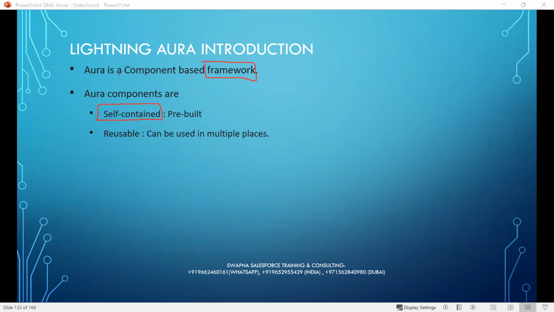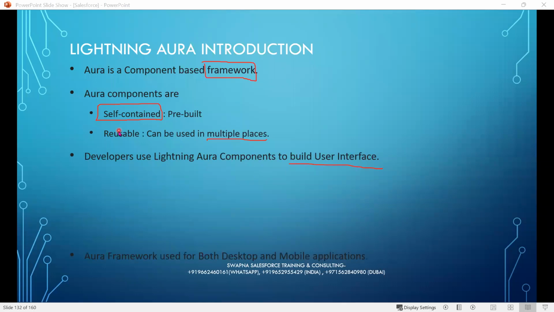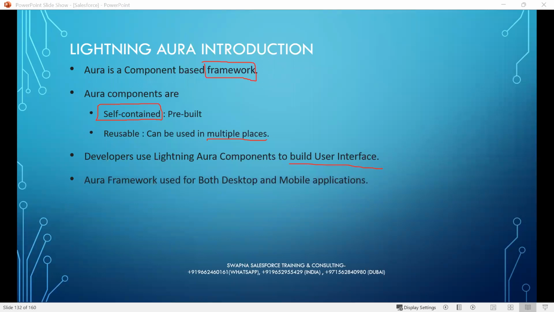Aura components can be used in multiple places, which means they are reusable. Developers use the Lightning component to build the user interface. We can use the Aura framework for desktop applications and mobile applications.